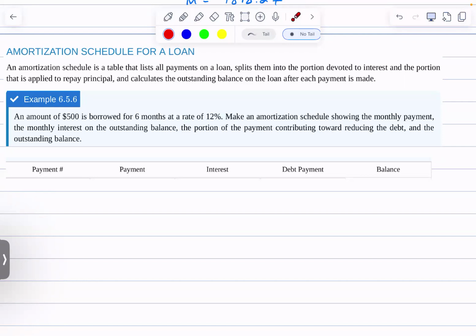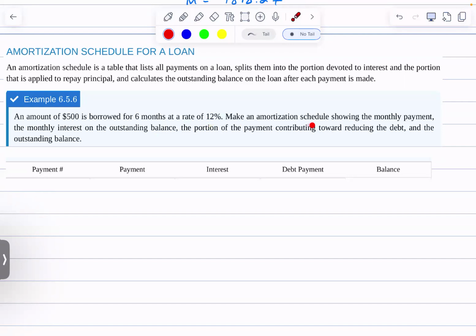So of course you'd use Excel to do that a little bit quicker. For a mini version, we're going to say that we borrowed $500 for 6 months, at a rate of 12%.